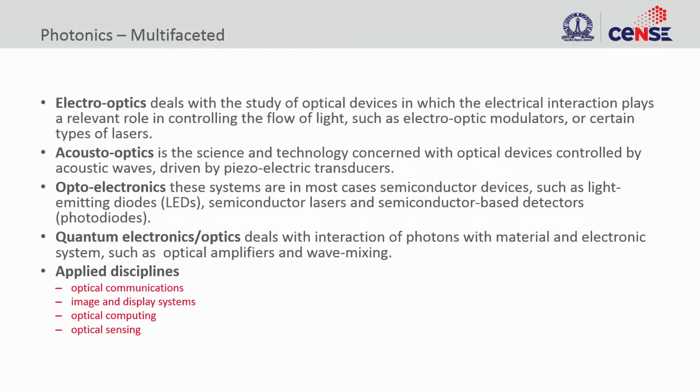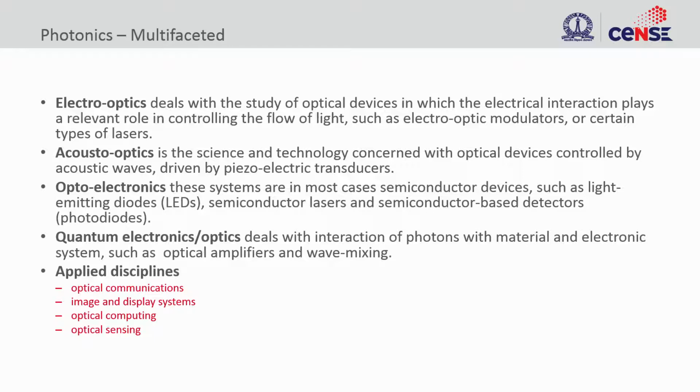These are some of the primary areas within photonics that we consider, but there are some application disciplines that evolved through this photonics. One is optical communication, so communication of information, data communication, short distance, long distance, they were all enabled through photonics, and that is also part of the study of photonics.